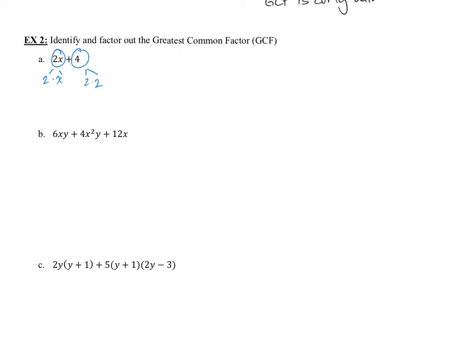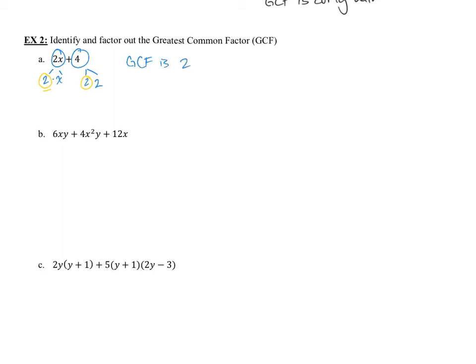What do they have in common? They both have at least one 2. You might be tempted to take out both 2's, but this one only has one 2. So the GCF is 2.